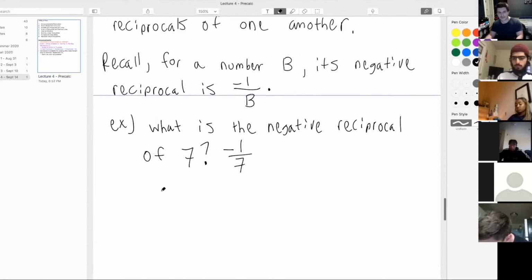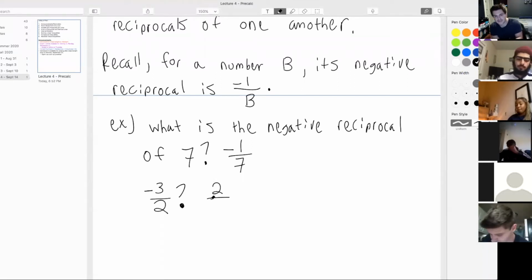How about something a little trickier: the negative reciprocal of -3 over 2? 2/3. Yes, perfect. It is 2/3. So again, you flip it and you negate it. Since it's negative already, it will become positive. Excellent.